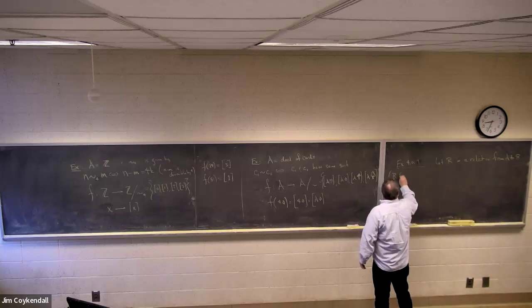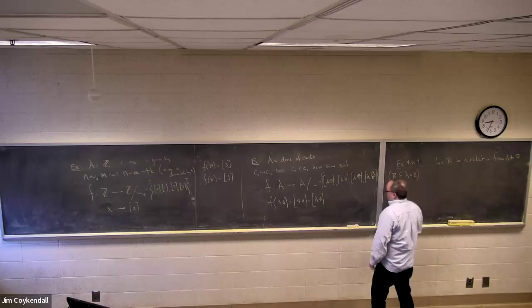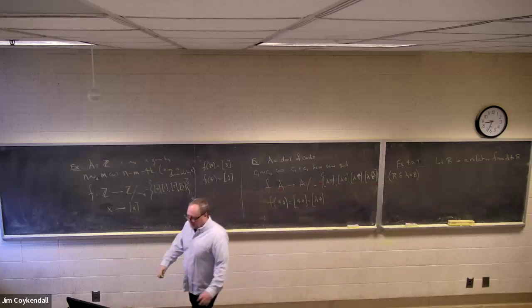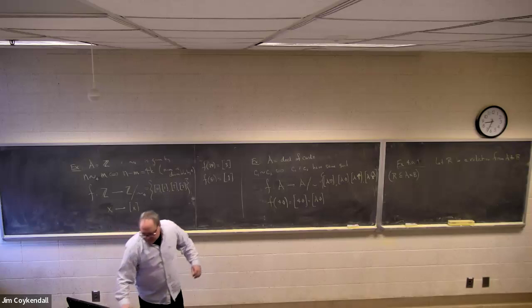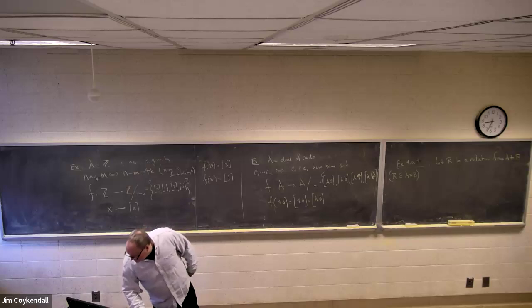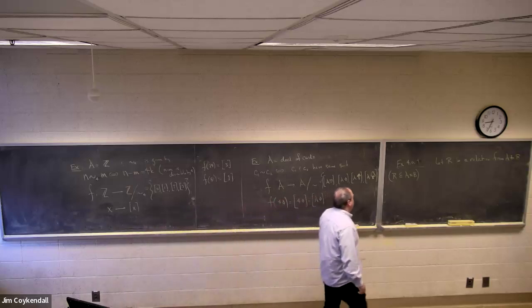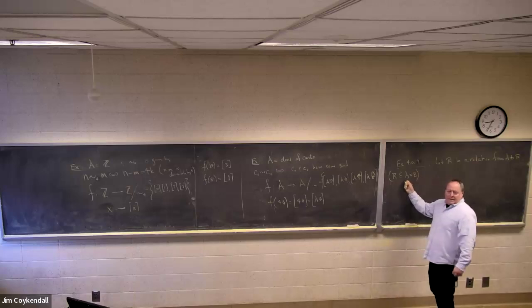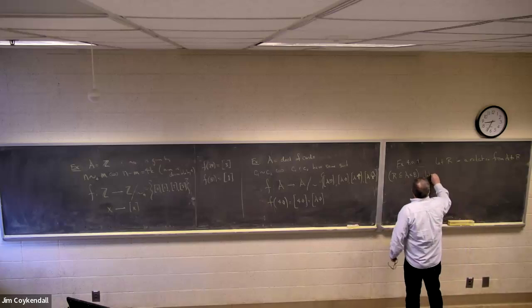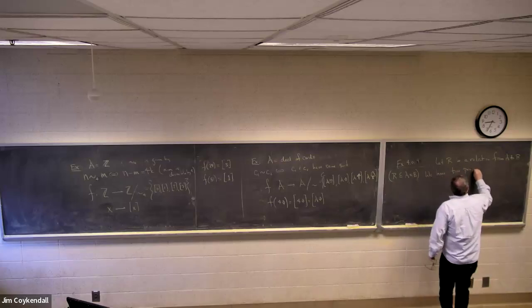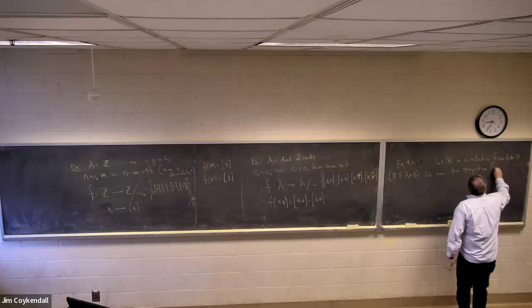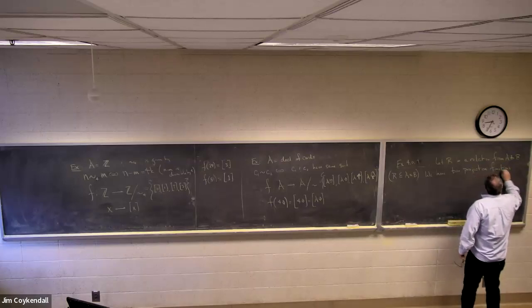So R is a subset of A cross B. That's at this point not necessarily a function. Then we have two projection functions. This is just R itself as a set. Hopefully you can see what this is all about.